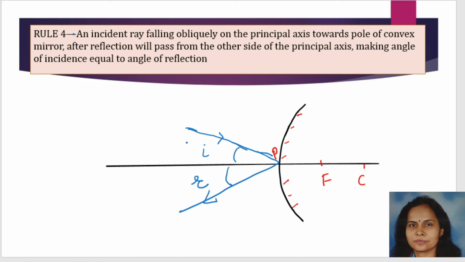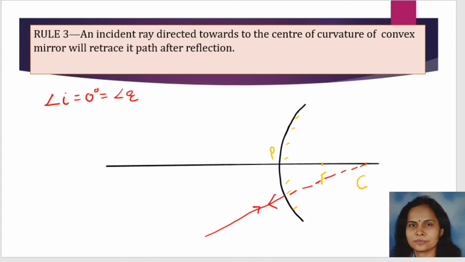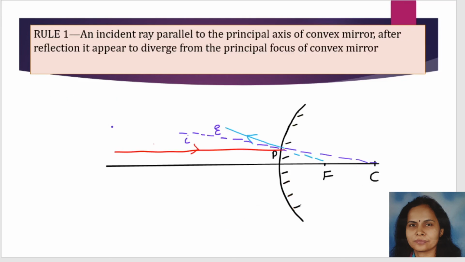Otherwise, in all the other cases, like rule number 3, this is the incident ray and the reflected ray will retrace its path, so you don't need any protector, or you don't need to take care whether angle I is equal to angle R. It has to be equal, because especially in this case angle I is 0 and angle R is 0, both are equal.